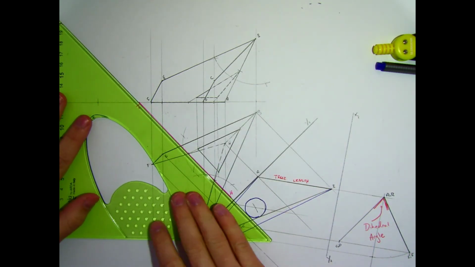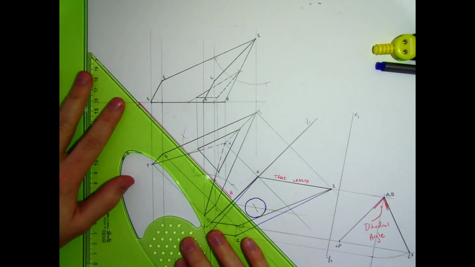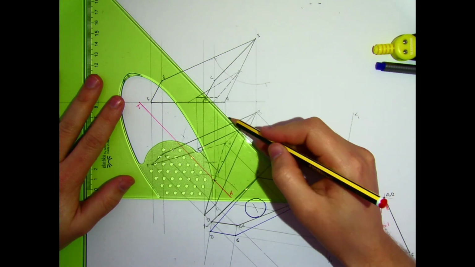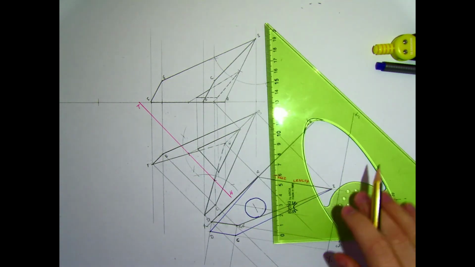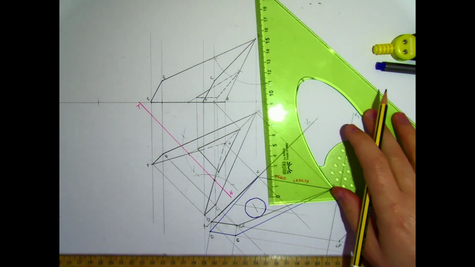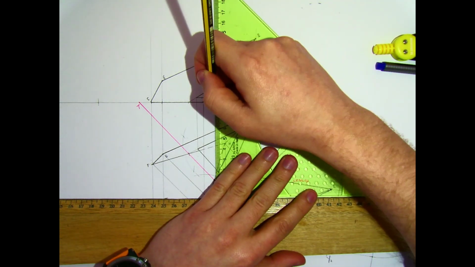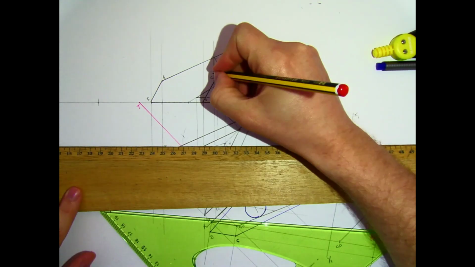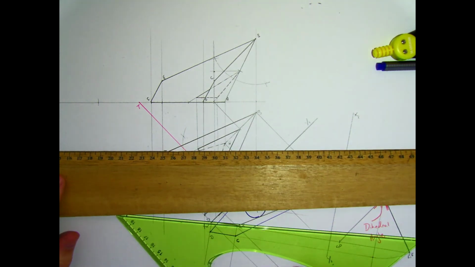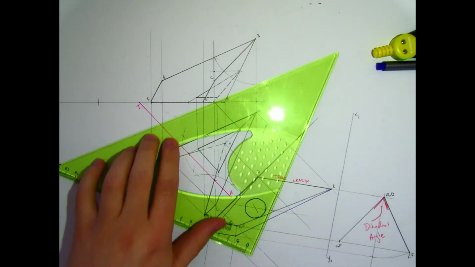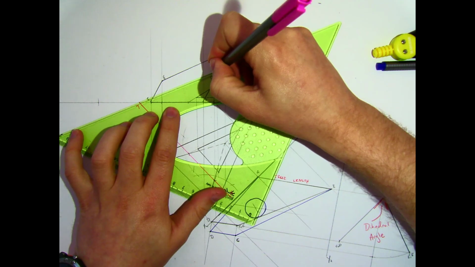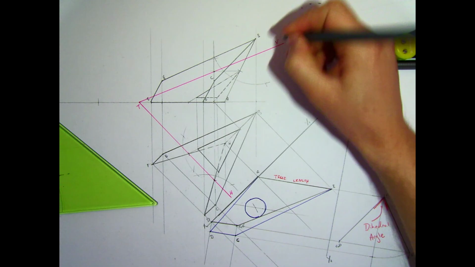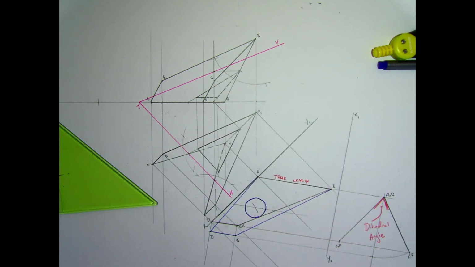If I go parallel to the horizontal trace, the pink line that I've just found, from that point until it touches the XY line, I can then go vertically up at that point and horizontal from the same point, giving me my trace, or point on the trace. So that's that point. This line here is the vertical trace for that oblique plane.